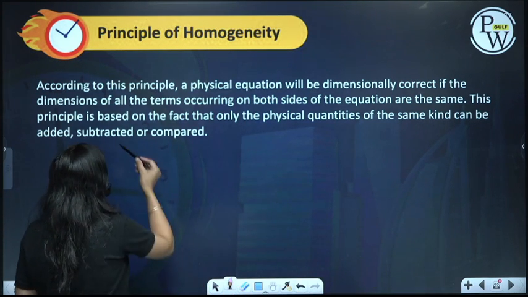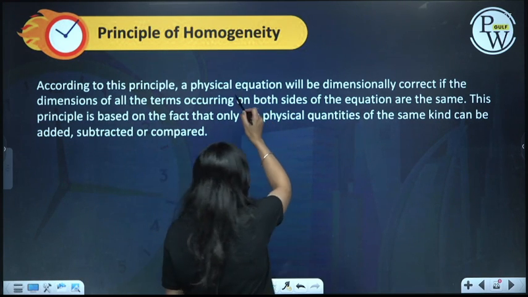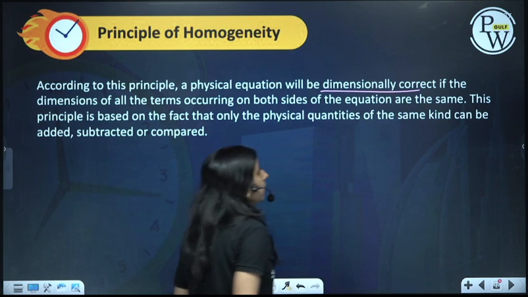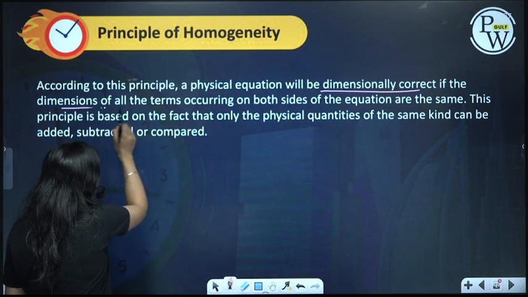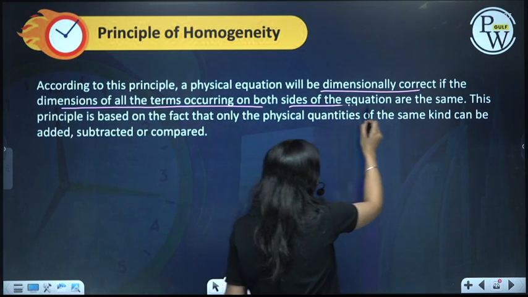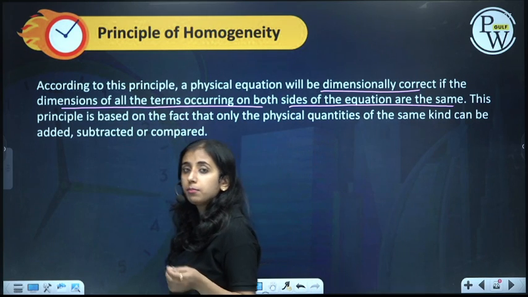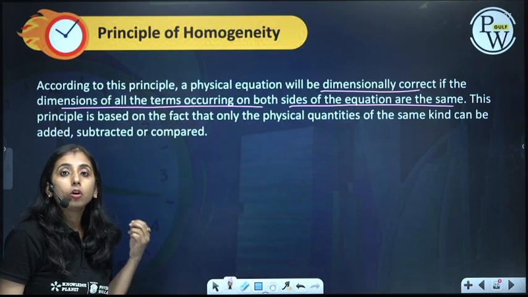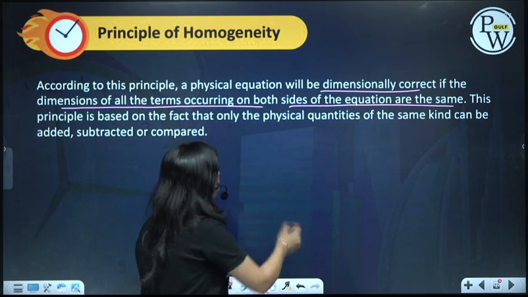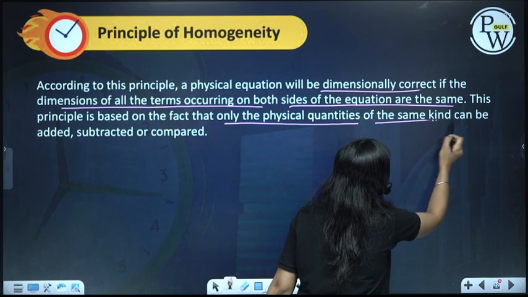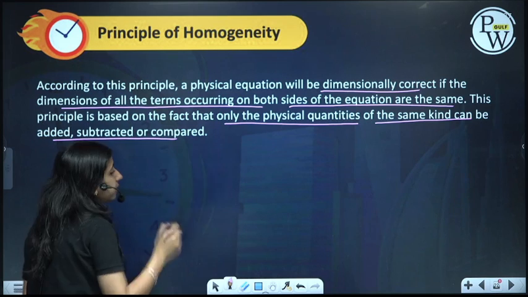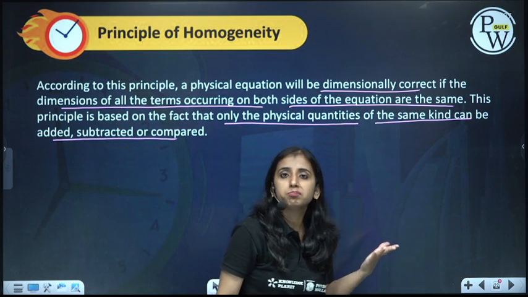According to this principle, a physical equation will be dimensionally correct if the dimensions of all the terms occurring on both sides of the equation are the same. This is based on the principle that only physical quantities of the same kind can be added, subtracted or compared.